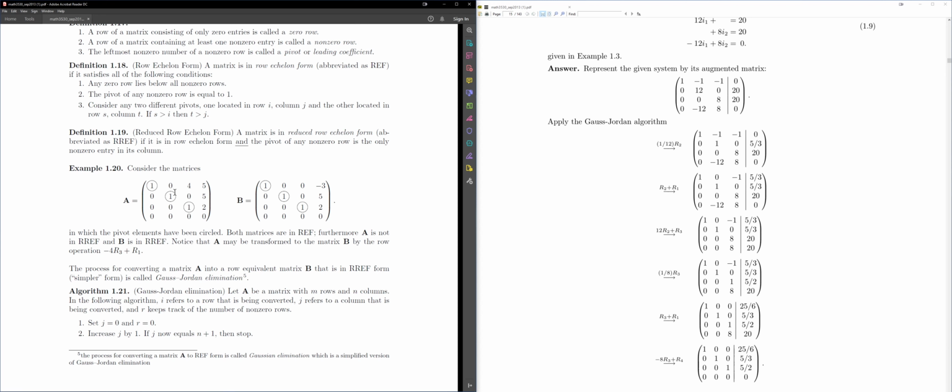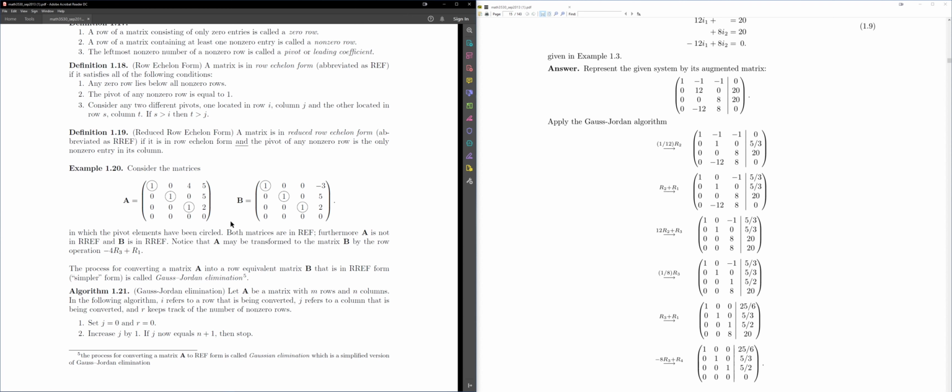So this satisfies these three conditions, but it doesn't satisfy your fourth condition over here. For this column, this pivot is not the only non-zero entry. So while this is REF, it is not RREF.